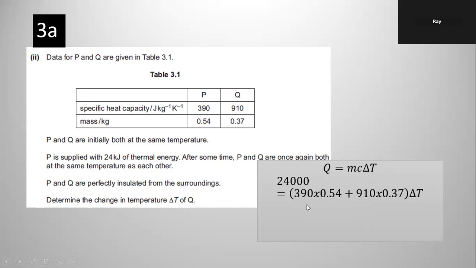For P, that's the specific heat capacity, that's the mass, and then there's your change in temperature. For Q, there's your specific heat capacity, there's your mass, there's your change in temperature. So calculate it out: 44 Kelvin.